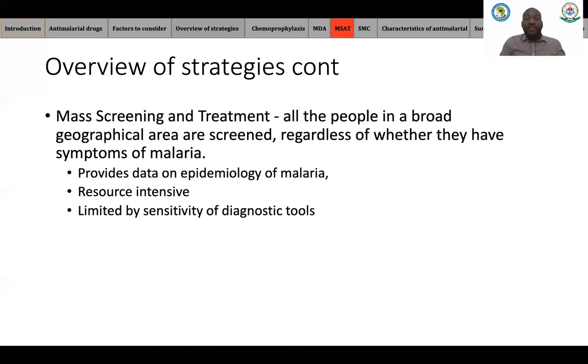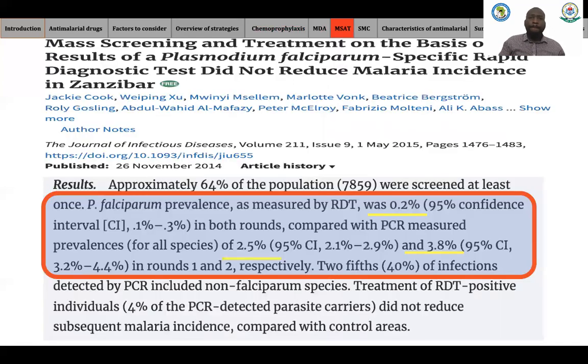But tools like loop-mediated isothermal amplification, LAMP, will be a useful tool to take into consideration, which are much more sensitive. But these molecular tools are at times complex, and like PCRs, you can't do them routinely at a programmatic level. So this is an important thing to take into consideration when you want to do mass screening and treatment as part of the reduction of the parasite reservoir.